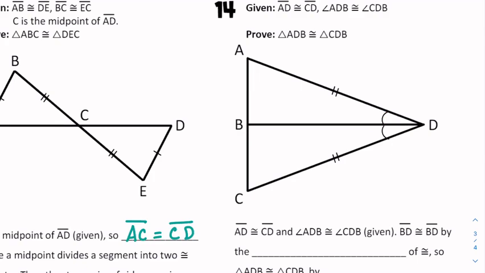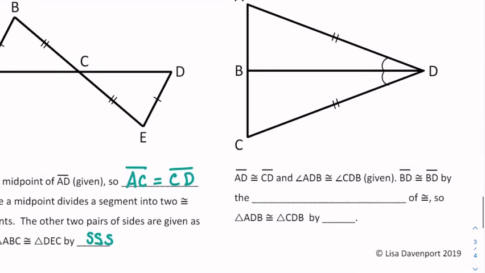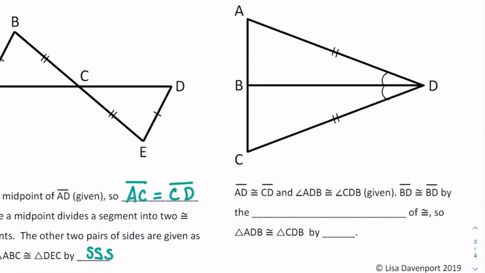So let's look at our explanation down below, and we're going to work on filling in these blanks. We know that side AD is congruent to CD and angle ADB is congruent to CDB. That was in the given. All right. Now we also know that BD is congruent to itself, right? This is the shared side, and shared sides are congruent.